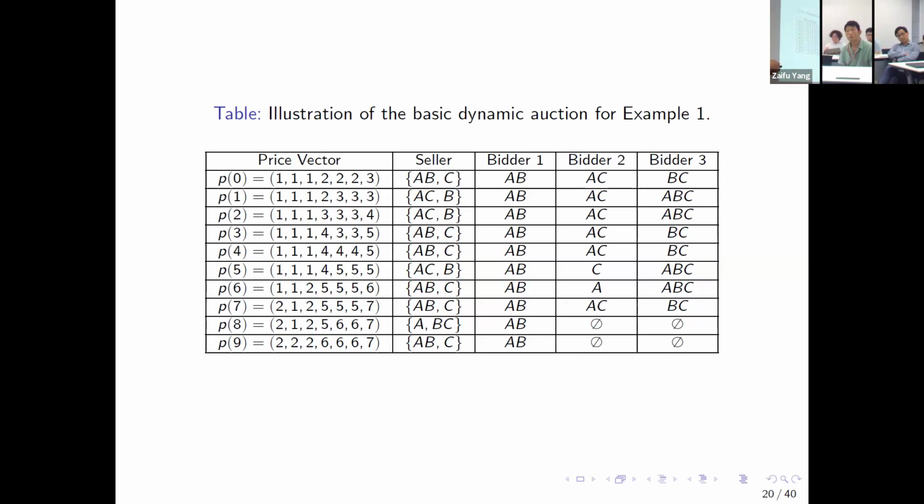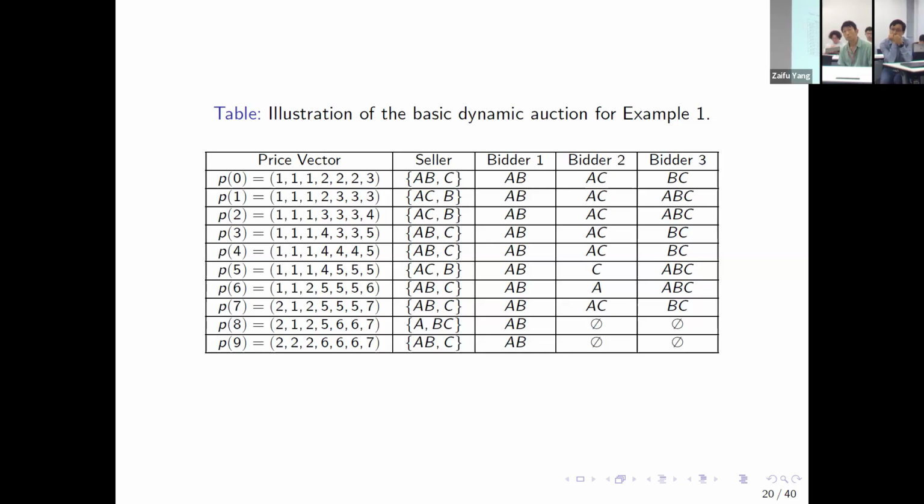And now you can see actually, so you see AB will be given to bidder 1. So bidder 1 pays the price 6, and then bidder 2 pays price 2.